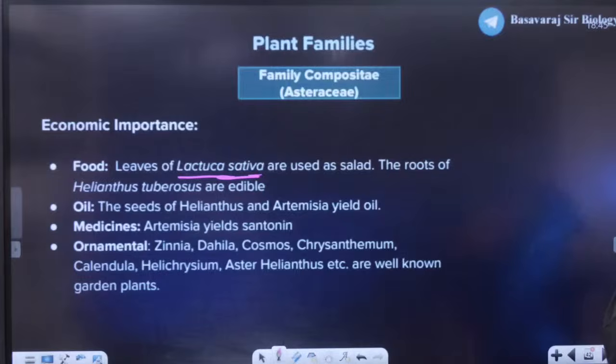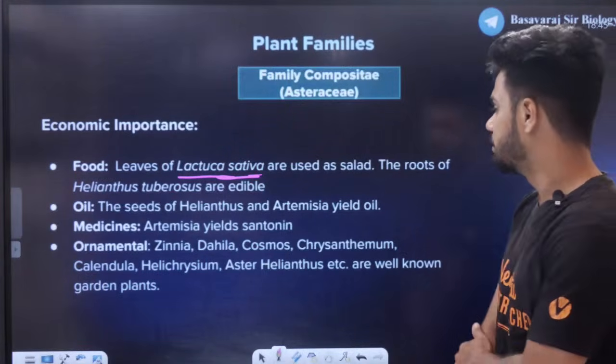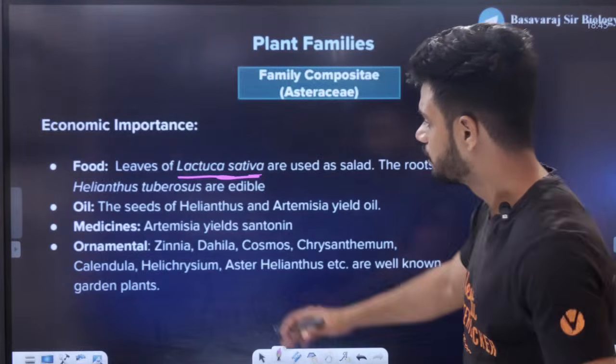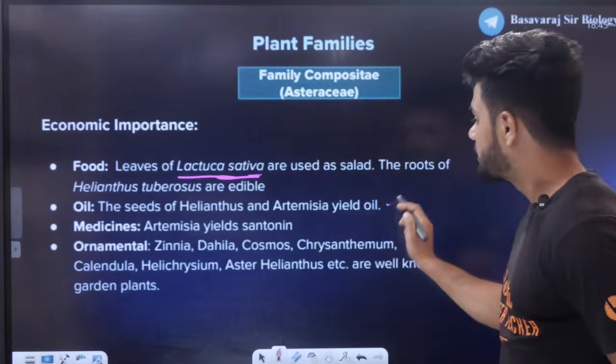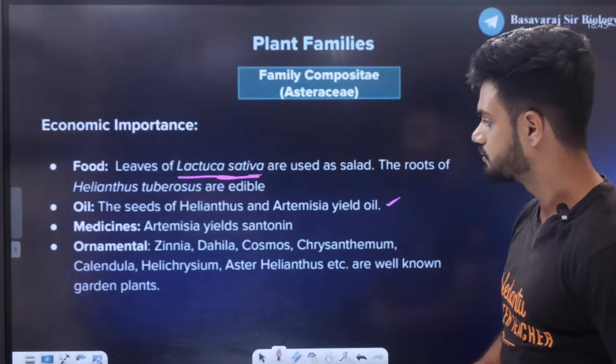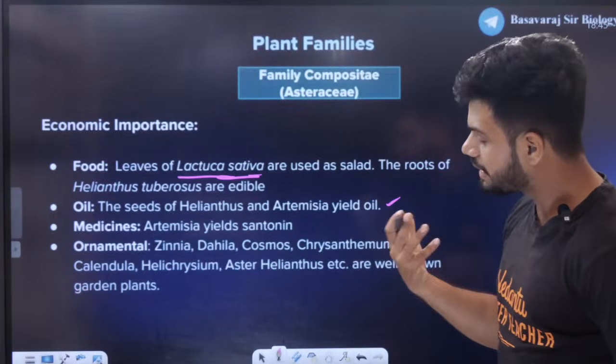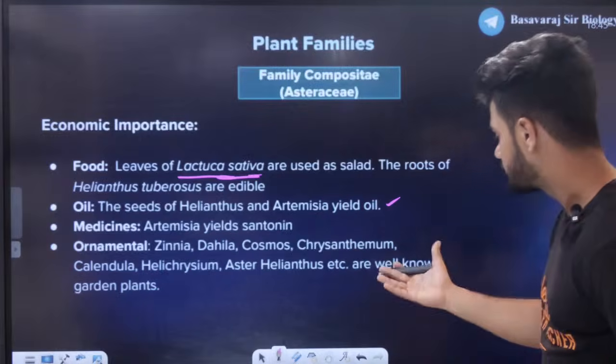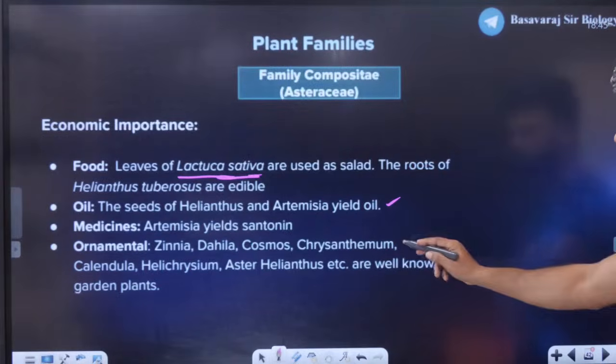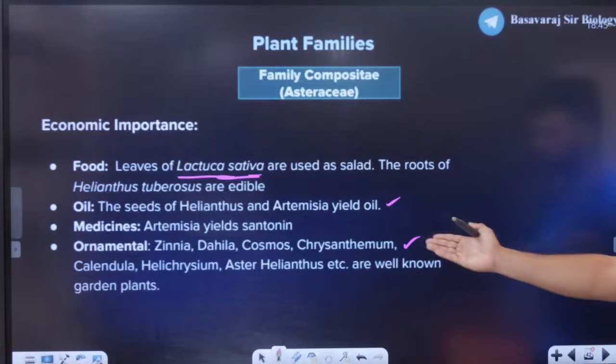Anyone quickly? Lettuce. That is your lettuce here. Also vegetable and sunflower oil. Many are used for ornamentation in gardens, weddings, everywhere. Chrysanthemum is one of the famous ones, which is also used in pujas.